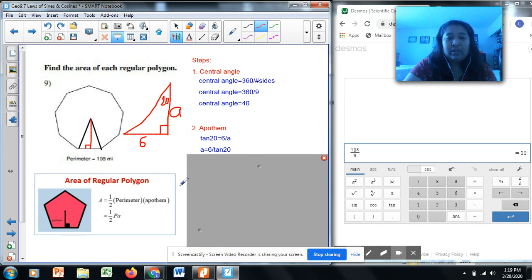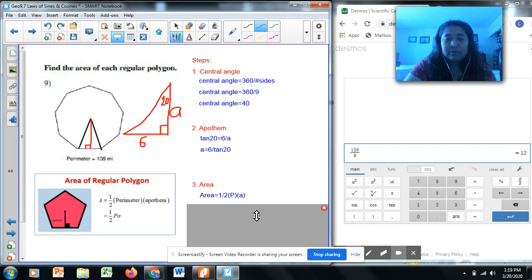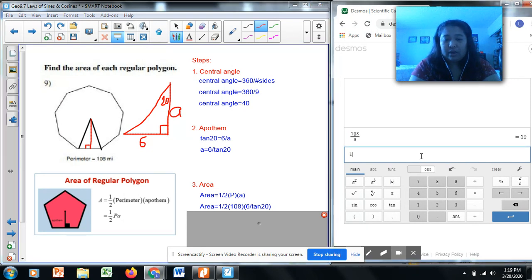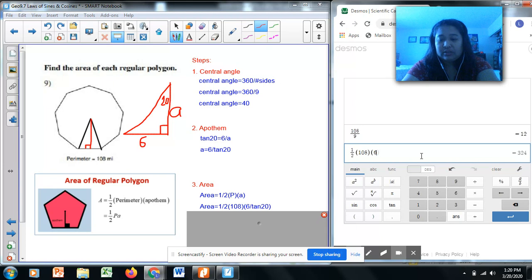So since we already know the perimeter, which is 108, and we have already found an expression for our apothem, which is 6 divided by tangent 20, if we plug that into our formula, which is 1/2 p times a, we get 1/2 times the quantity 108 times 6 divided by tangent 20.